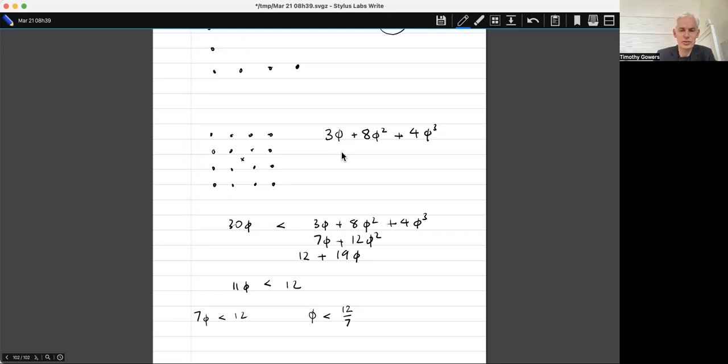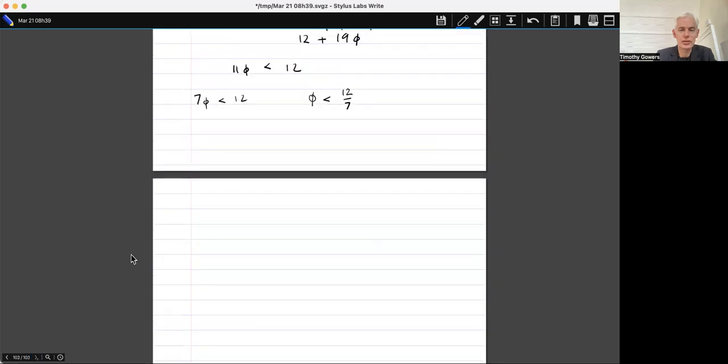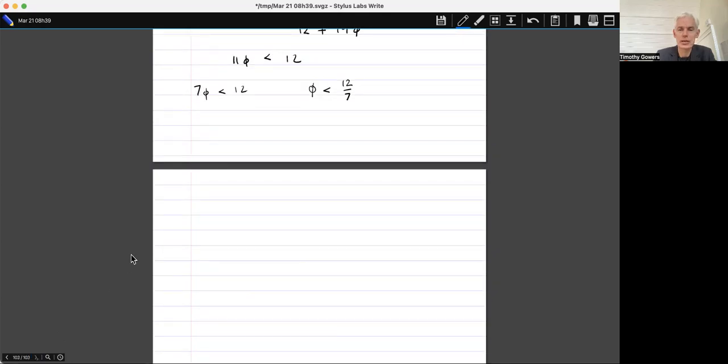I just want to see whether I can salvage a correct proof out of this, and if it doesn't work quickly then I'll just stop.